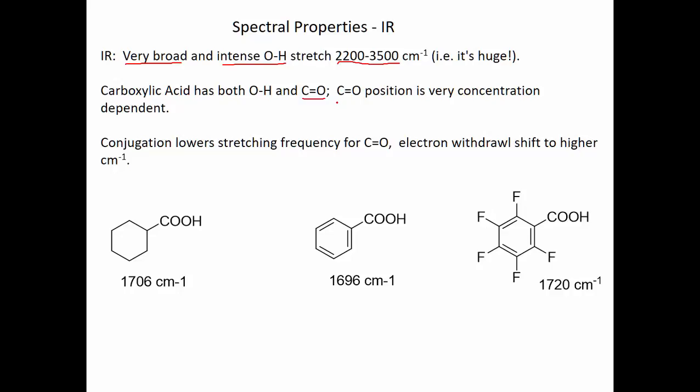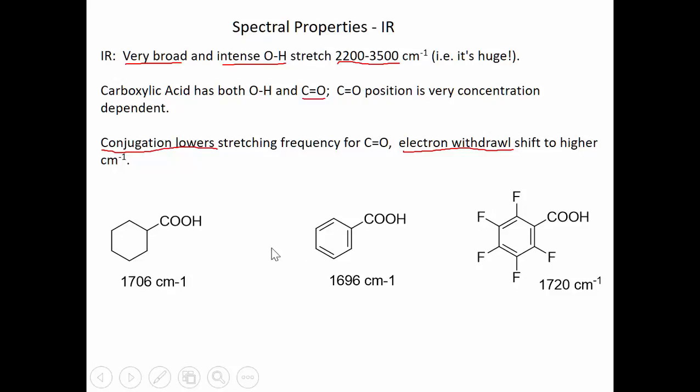And just like before with the aldehyde and ketone carbonyl groups, conjugation is going to cause the carbonyl stretch to go to a lower value, and electron withdrawal will shift the peak position to a higher value. So here is an average carboxylic acid with an alkyl group, cyclohexane carboxylic acid, and we find that the C double bond O comes at 1706 wave numbers.